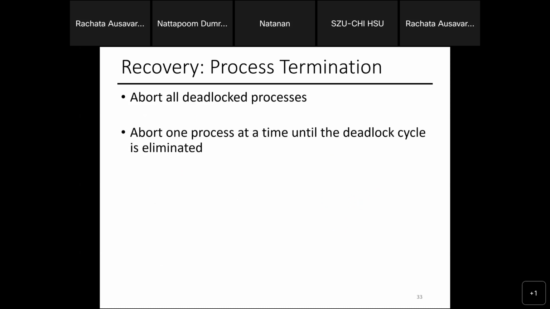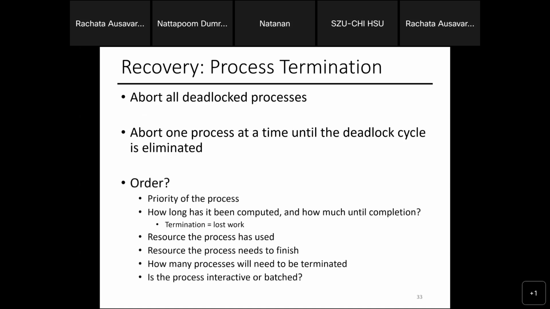Let's say you are doing homework and you have a deadlock, and I tell you to delete everything and redo the whole thing. You'll be killing me, right? So one possible strategy is, not random, I have some mechanism to pick. Maybe I should abort this one and see if there's still any deadlock.